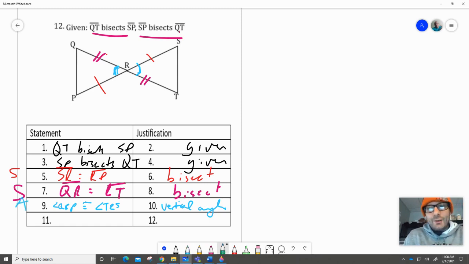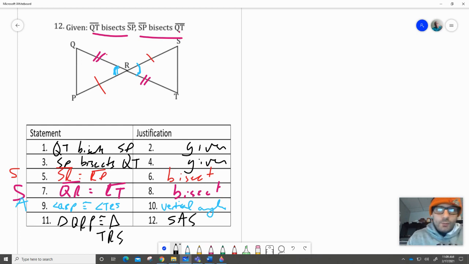So we have 2 sides and an angle. As long as the pair of angles is in between the 2 pairs of congruent sides, then we're good, which is what we have here. So now we can say that triangle QRP is congruent to triangle TRS, and the reason is side angle side.